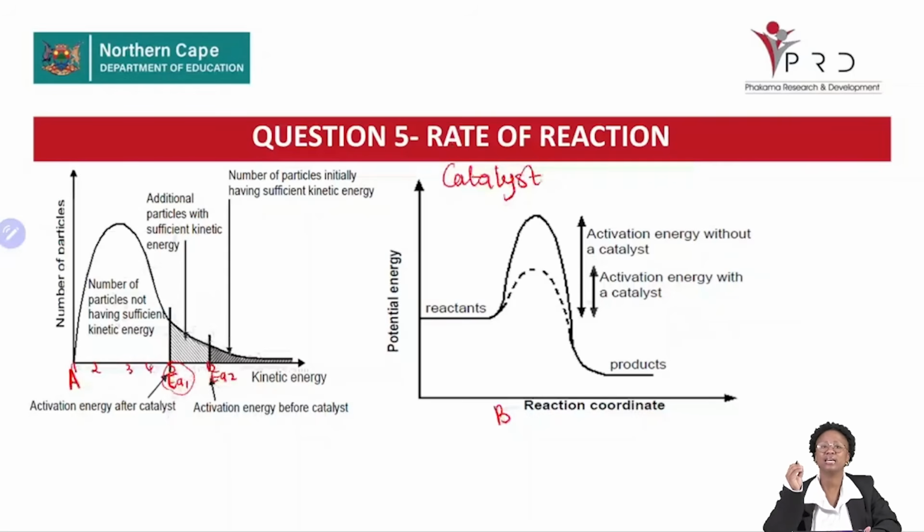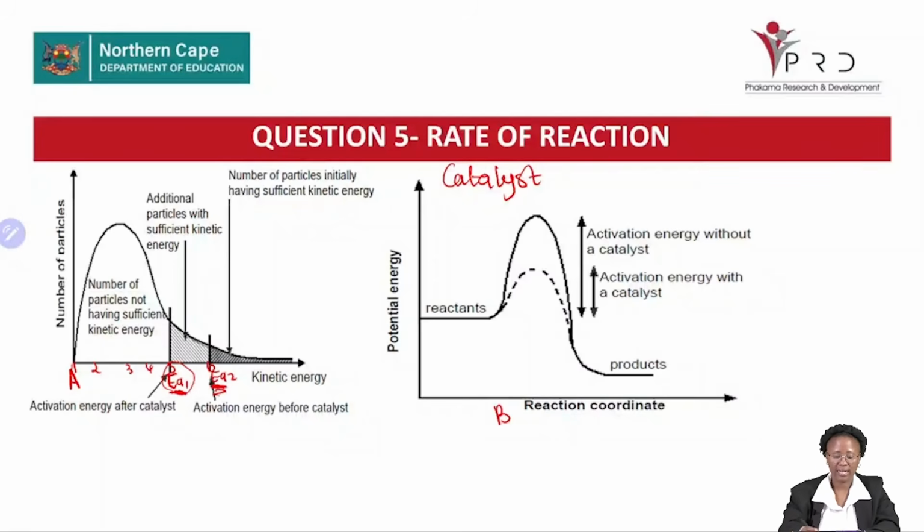Now, what is the catalyst? What does it do? Remember, it lowers the activation energy and creates an alternative path for a reaction to take place. Now, between A1 and A2, which one shows a catalyzed route?